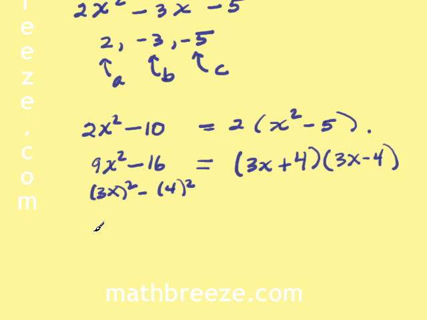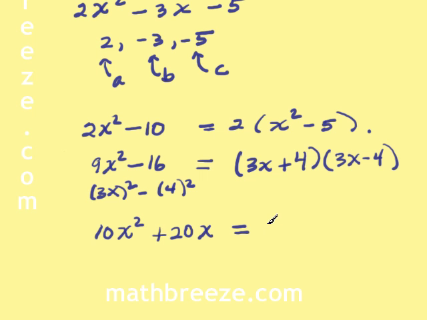Okay, and one other example, let's say we had something like 10x squared plus 20x. So here, the constant is missing. C is equal to 0. We have the x squared term, we have the x term, but we don't have the constant. And we could just factor this again by pulling out a common factor.